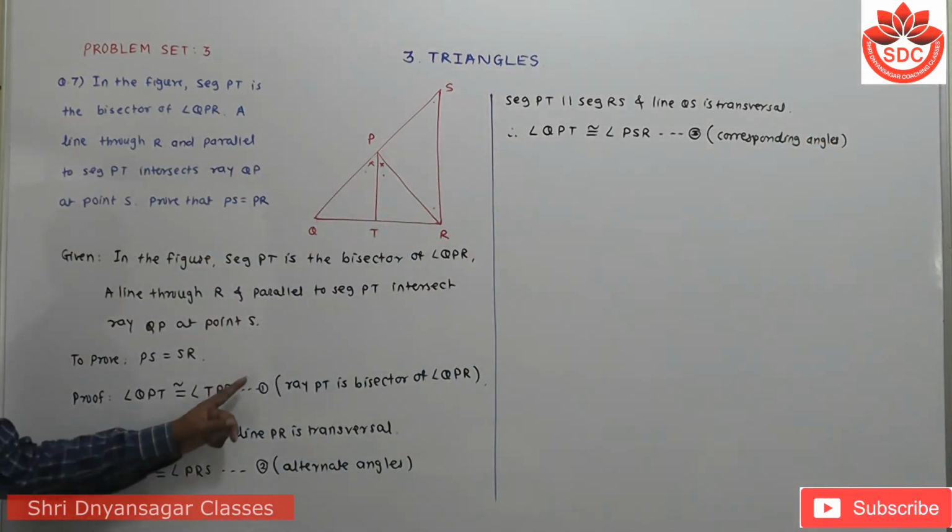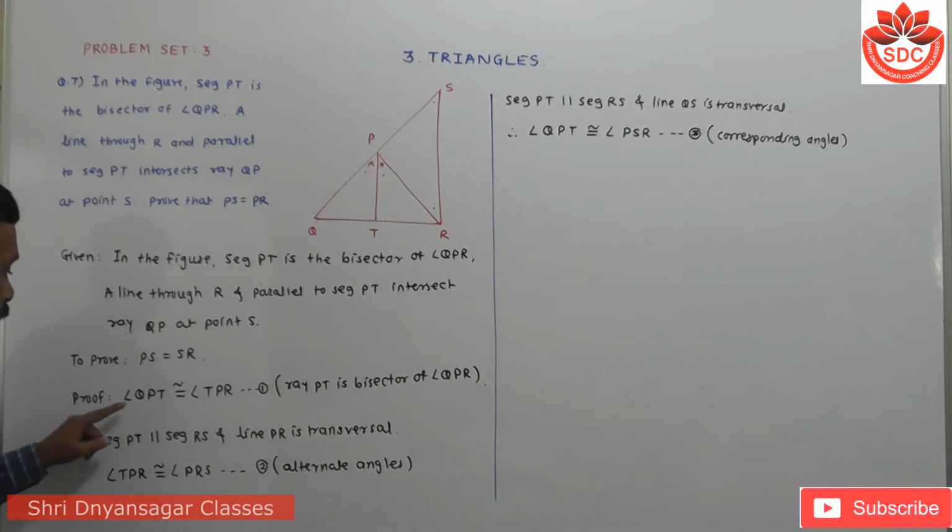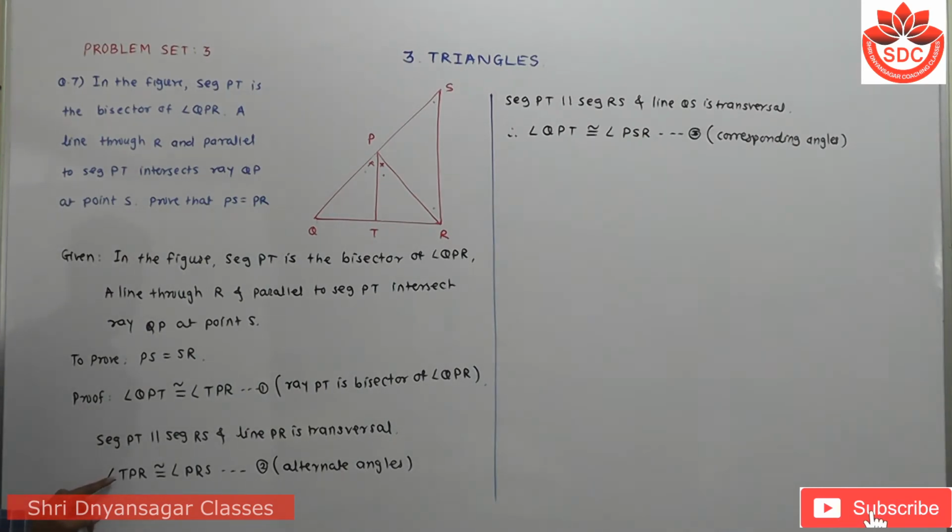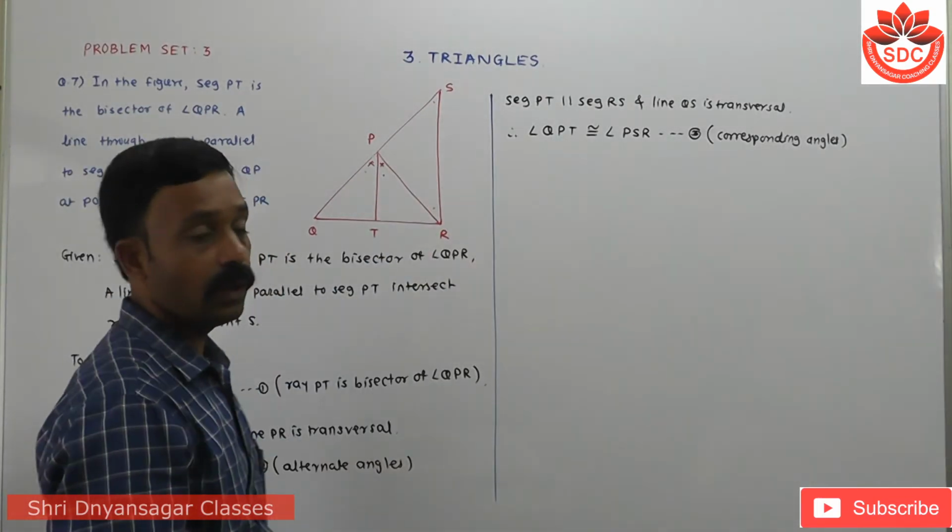Now look here, equation 1st, 2nd and 3rd. This QPT is same. Then here is TPR also here. Means that TPR and QPT is congruent. Then their corresponding angles are also congruent.